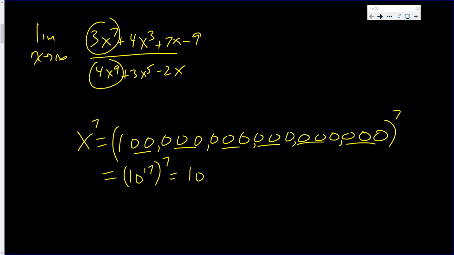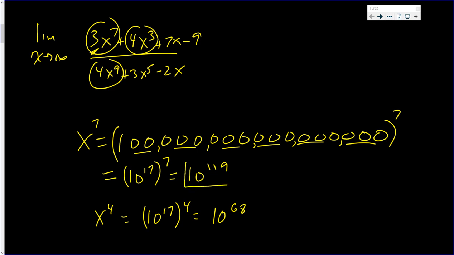That's 10 to the, I think, 119. That's 1 followed by 119 zeros. Times 3. Now, let's look at this one. If you have x to the 4th, and x is 10 to the 17th, raised to the 4th is going to be 10 to the 68.